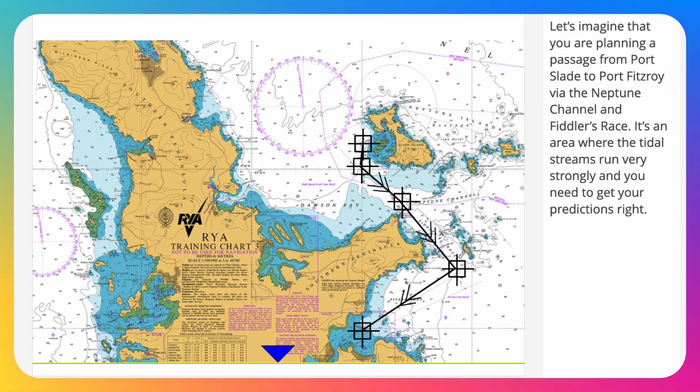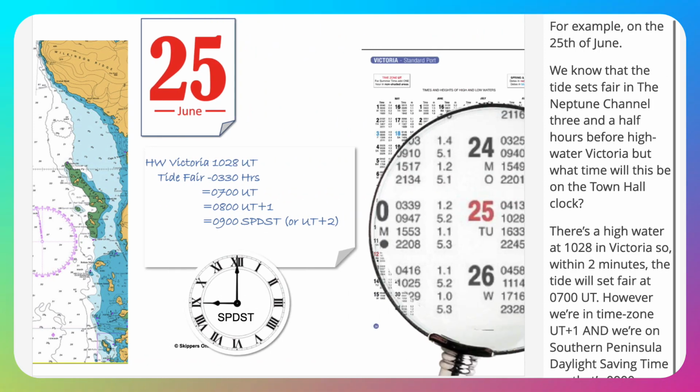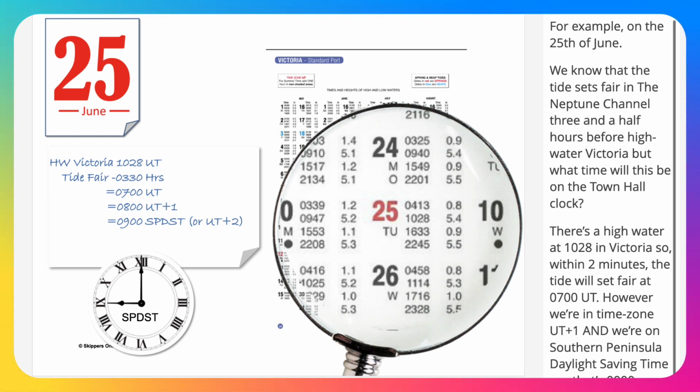Let's imagine that you are planning a passage from Port Slade to Port Fitzroy via the Neptune Channel and Fiddler's Race. It's an area where the tidal streams run very strongly, and you need to get your predictions right. For example, on the 25th of June, we know that the tide sets fair in the Neptune Channel 3.5 hours before high water Victoria.